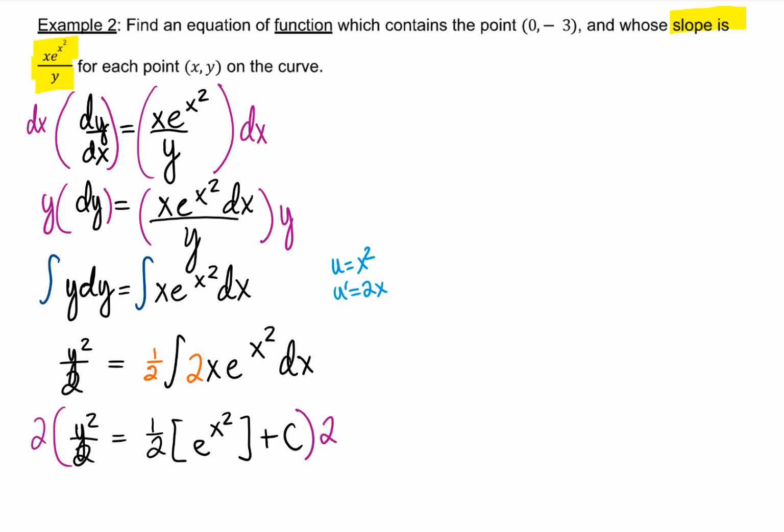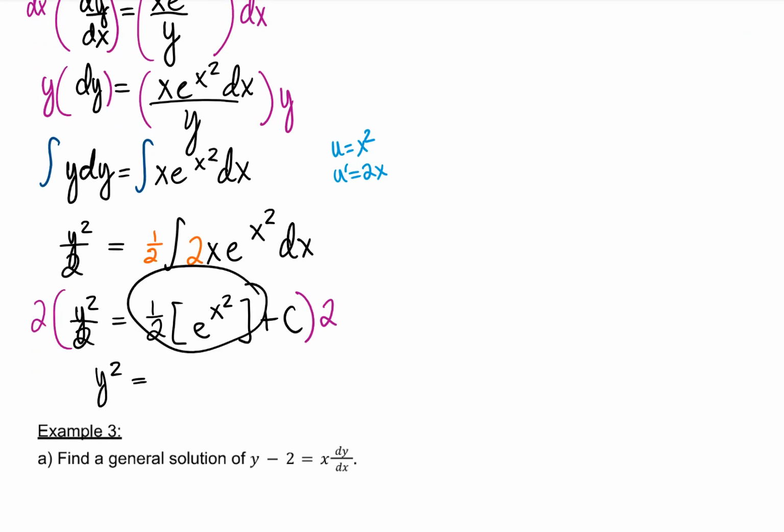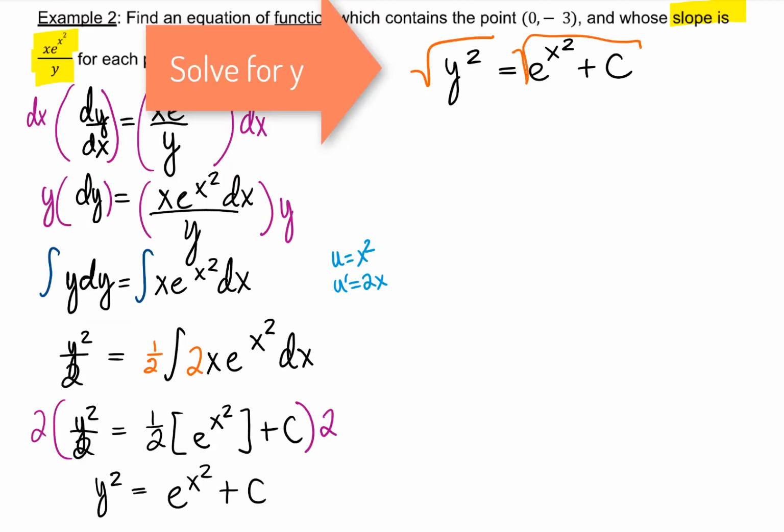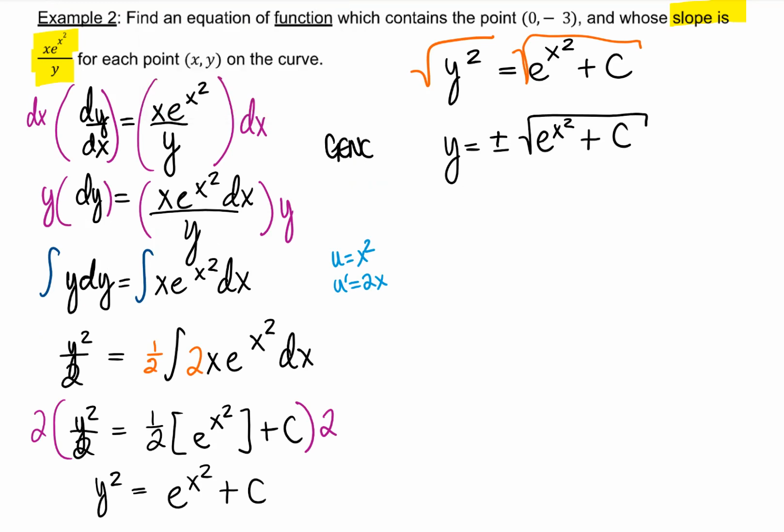Start off by multiplying both sides by 2. To multiply this by 2, we just get e to the x squared. To multiply c by 2, that's just c. 2 times a constant is still a constant. This right here is our general solution.